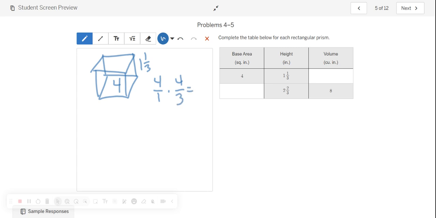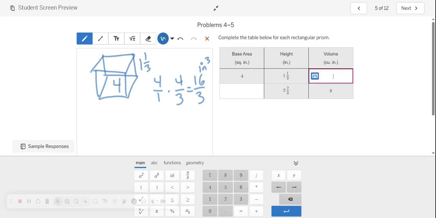And so I get that that's 16/3. This would have been in square inches. This is in inches. This is inches cubed or cubic inches. I'm just going to put 16/3. If your teacher requires it, 3 goes into 16 5 times with 1 left over. Where was it going? 16/3. Yeah, that looks good.